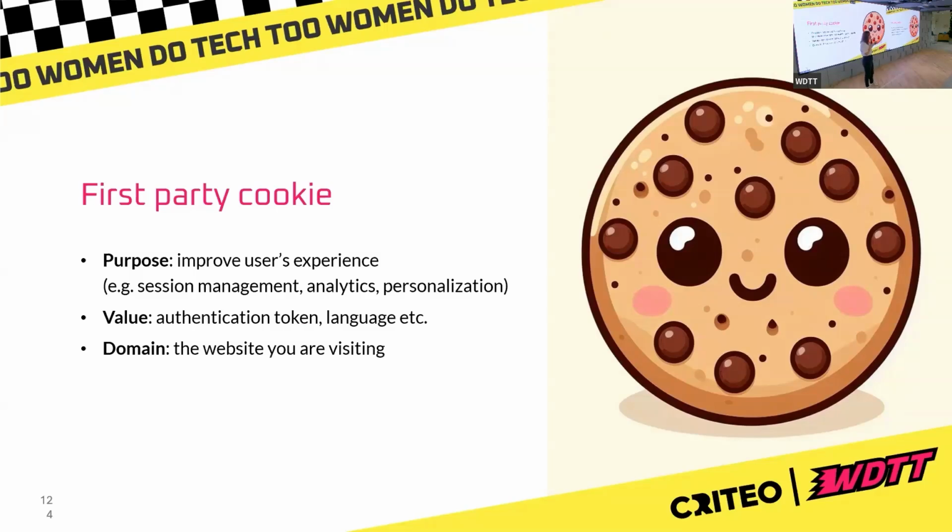The domain means that this data about your user experience will be sent each time you visit the website. So it's only for this website you are visiting. And then there is no fixed lifetime. You have to know that the lifetime depends on your browser. For first-party cookies, actually, there is no restriction for Chrome. I don't know about the other ones.